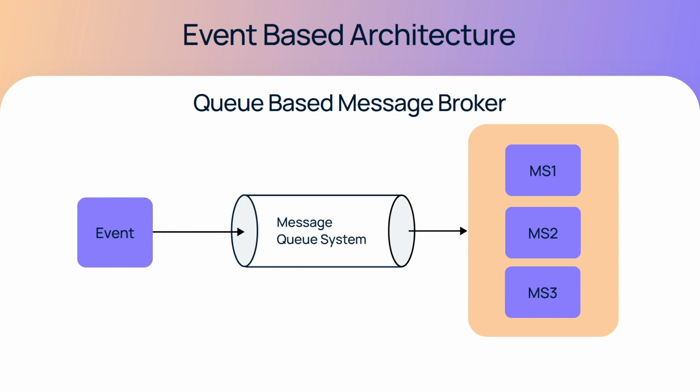So for example, suppose the message is not consumed by any of the service, what happens then? Suppose here is the message, and it is not consumed by any of the service. So there is a concept called dead letter queue.